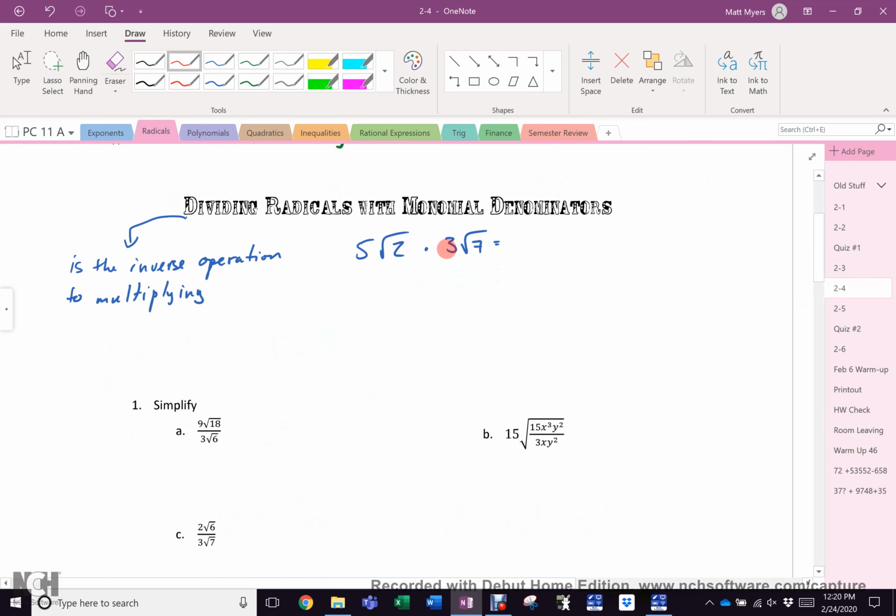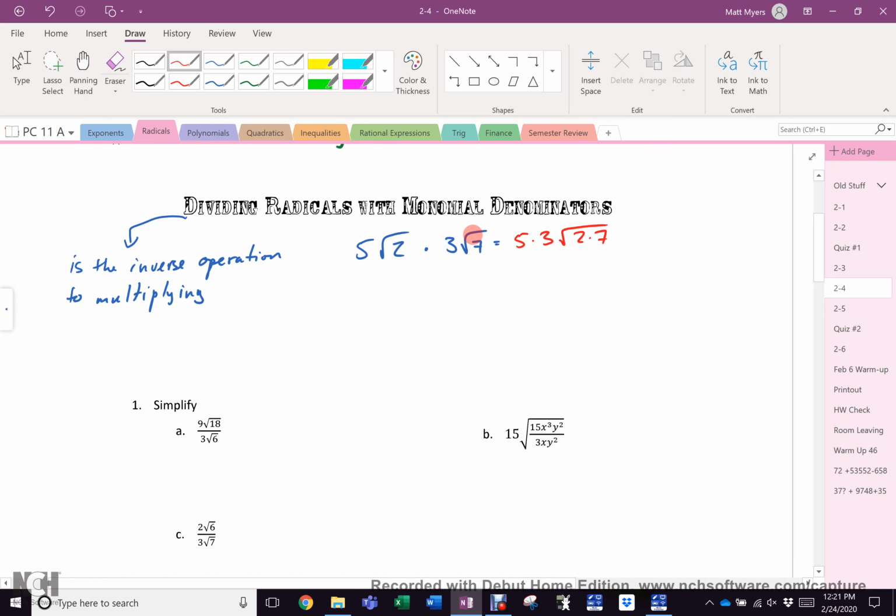So to remind you, what is this? It is 5 times 3 root 2 times 7, yes? The coefficients multiply together, the radicands multiply together. What is the rule that must be observed when we actually have numbers under there?